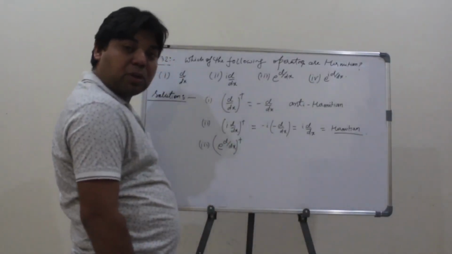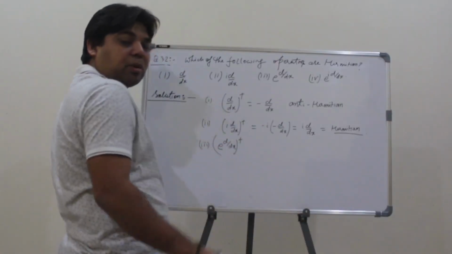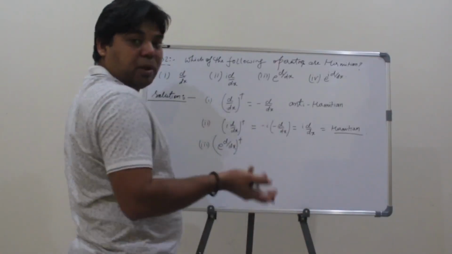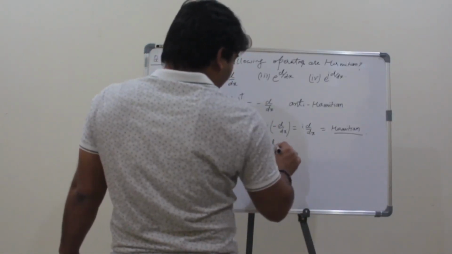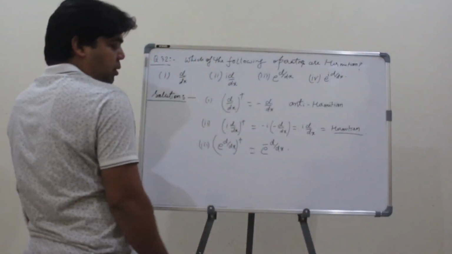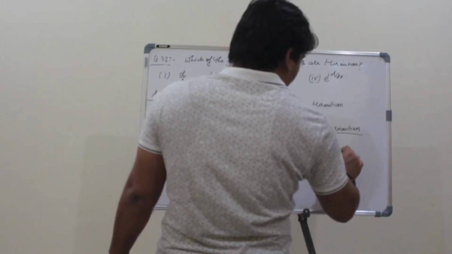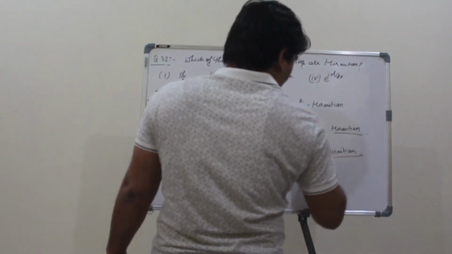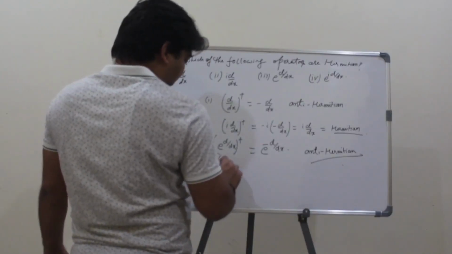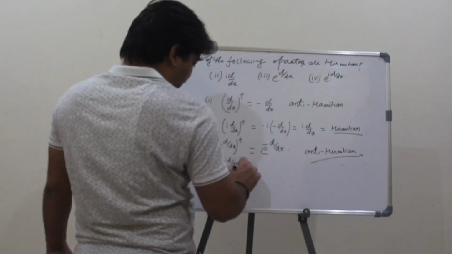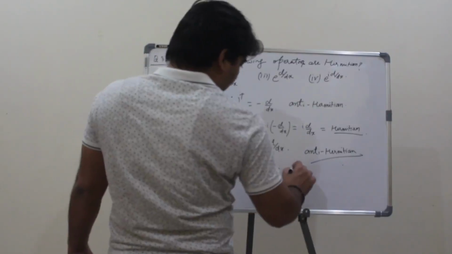Remember that for exponential and logarithmic terms, a function of any Hermitian operator will be Hermitian and of an anti-Hermitian operator will be anti-Hermitian. So it is an anti-Hermitian operator. And the fourth one is Hermitian.